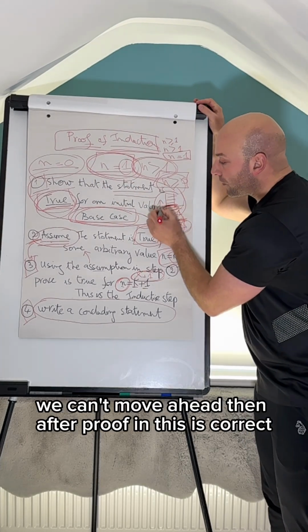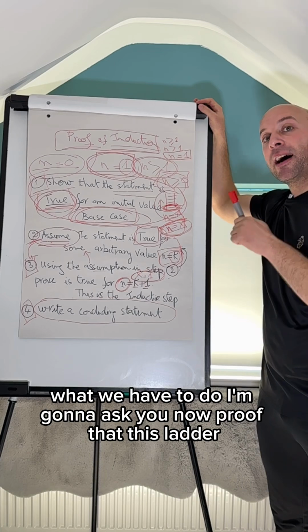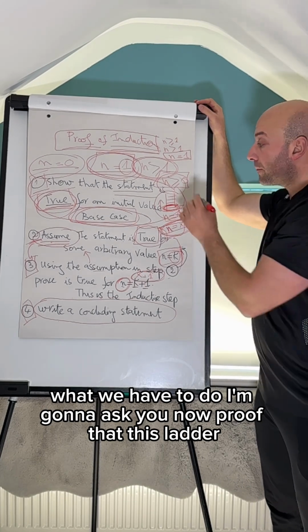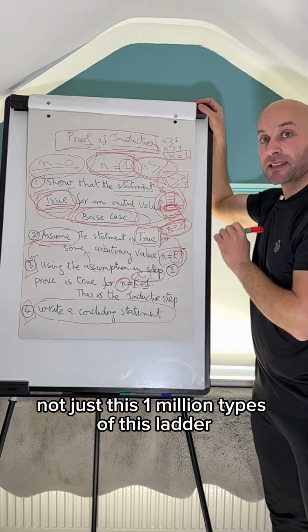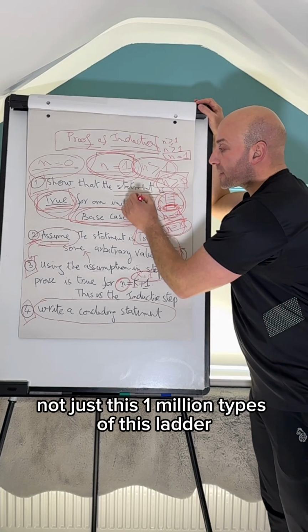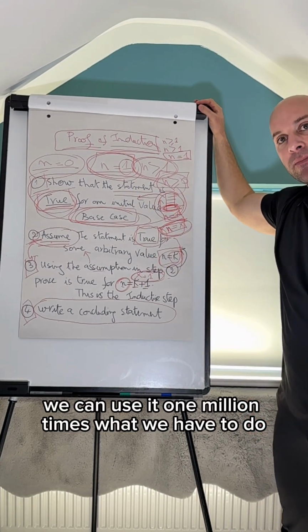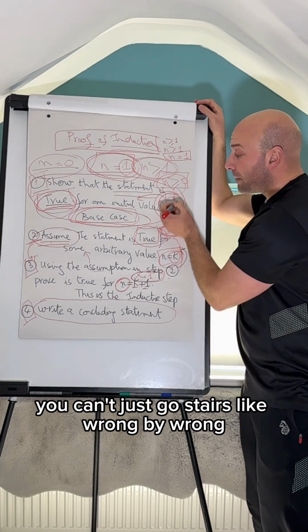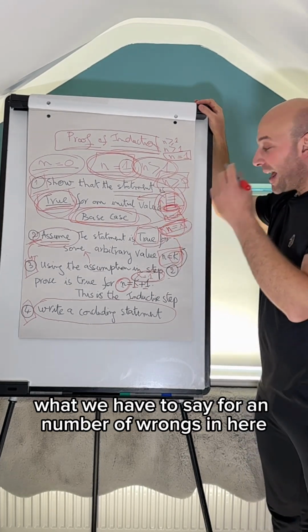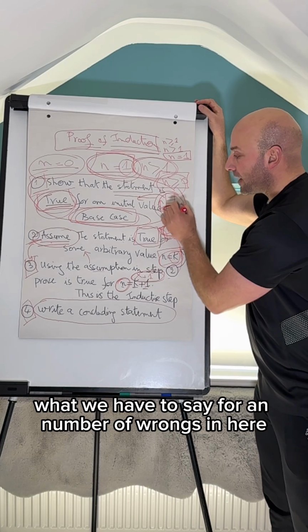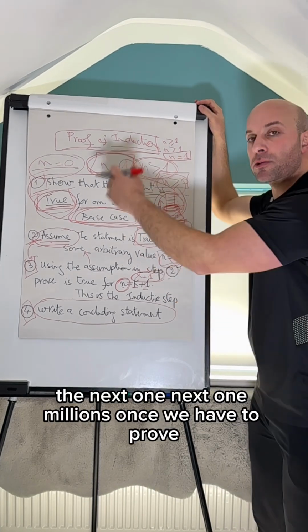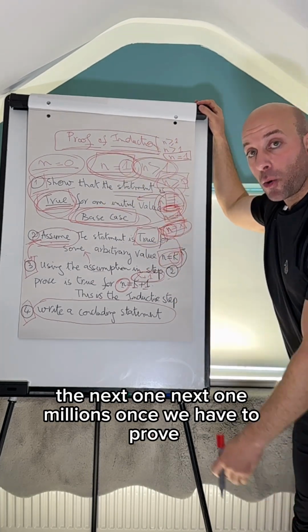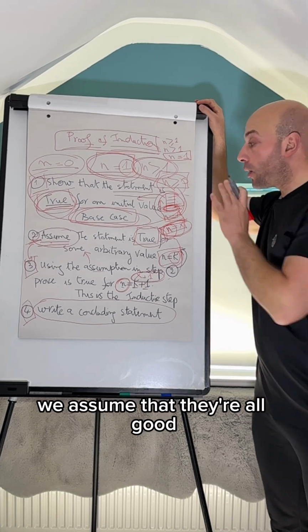Then, after proving this is correct, I'm going to ask you now to prove that we can use this ladder not just once, but 1 million times. You can't just go rung by rung. What we have to say is, for n number of rungs in this ladder, and the next one, and the next one, millions of them, we assume that they're all good.